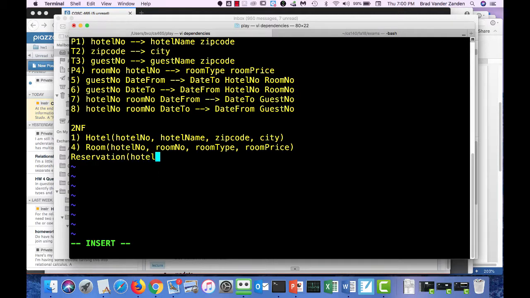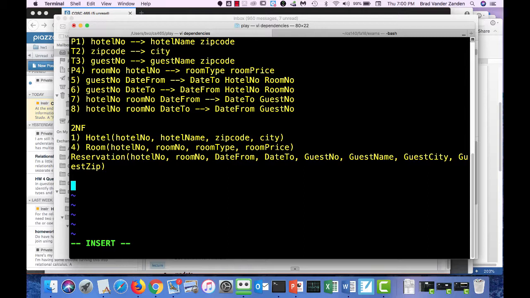So hotel number, room number, date from, date to, guest number, and then all of the information associated with a guest. So the guest name, the guest city, and the guest zip. And that is what I have for second normal form.